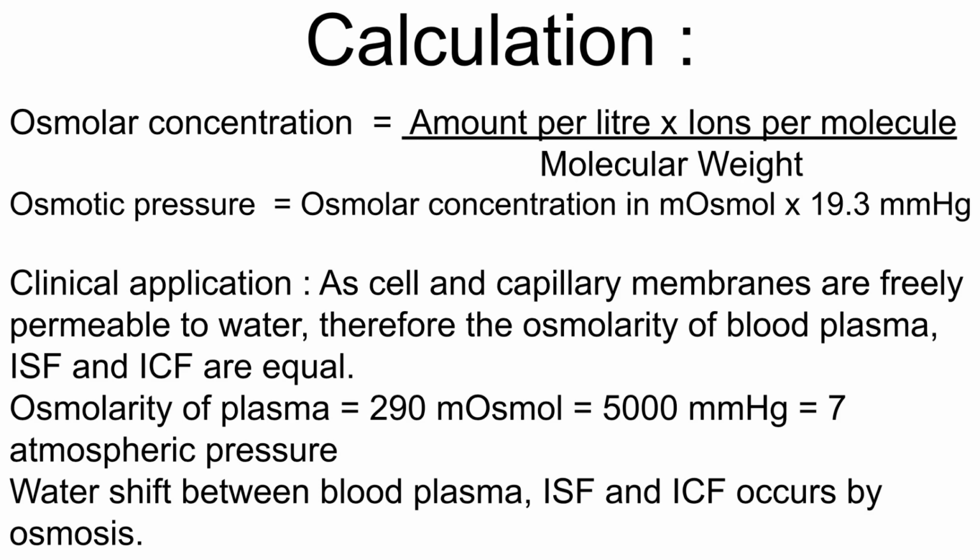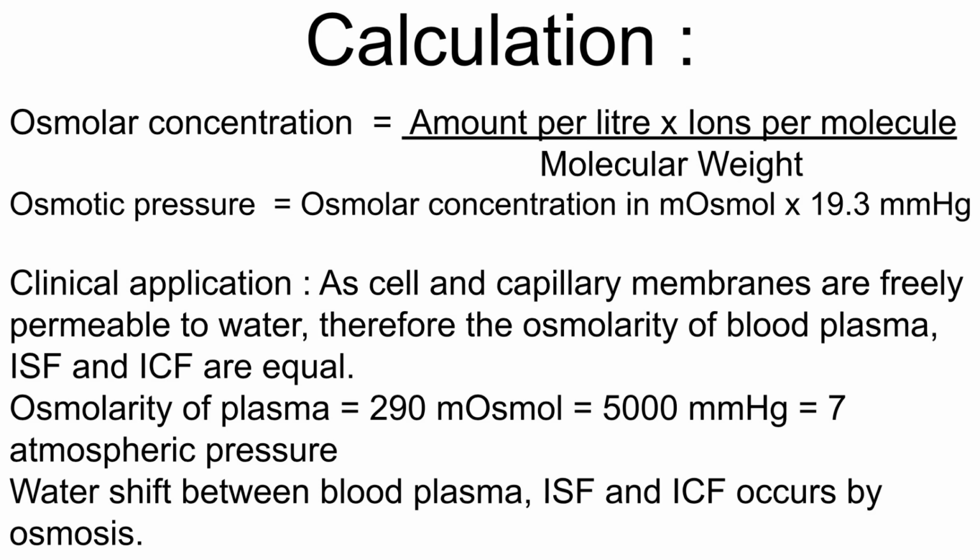Step 3. In the case of ionizable substances such as sodium chloride or calcium chloride, 1 mole of sodium chloride gives 2 osmoles, and 1 mole of calcium chloride gives 3 osmoles. So, multiply the number of moles in 1 liter by the number of ions per molecule.